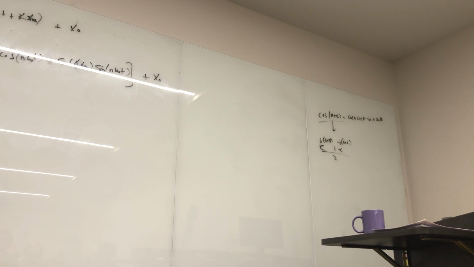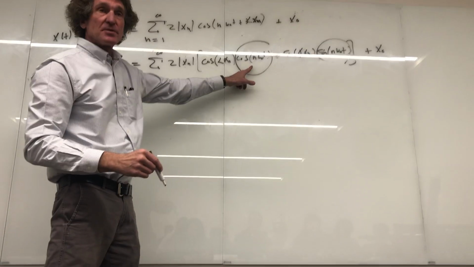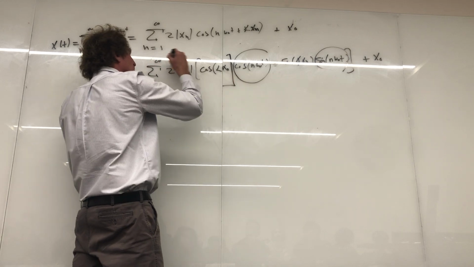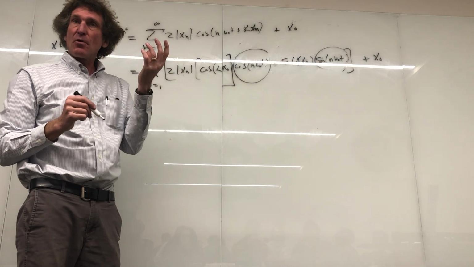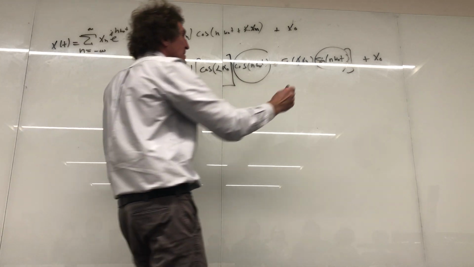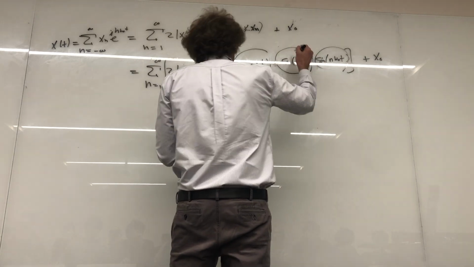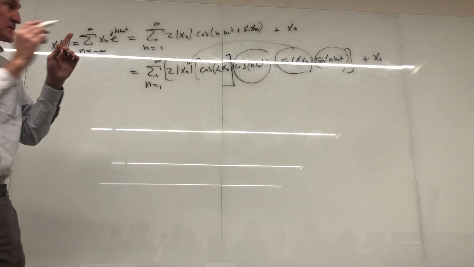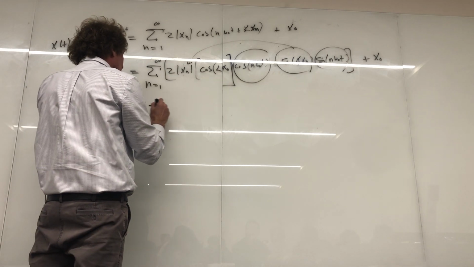Do y'all see here that I have a series that just has a cosine function, and I have another series that has a sine function? What's adjacent to it is 2 times the magnitude of xn times cosine of this. This is like a single term right there, and it's a coefficient. When I take this times this, I get another single term, and this series can be rendered, and this is the one in the book.